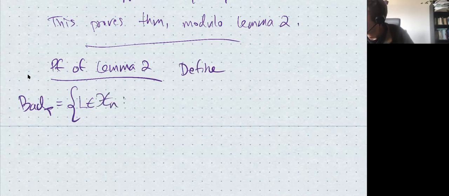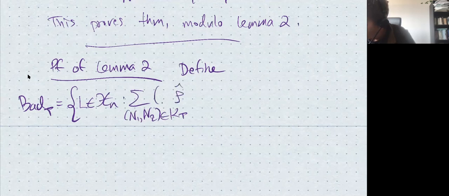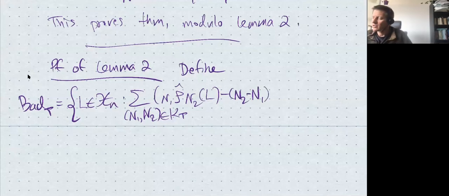The lattices in the bad set T, with parameter T, are those for which, if I sum the actual value of this Siegel transform and subtract the expected value and square the whole object, this is like the deviation of the lattice from its average, squared. If I were to take the expectation of this, I'd get the variance.